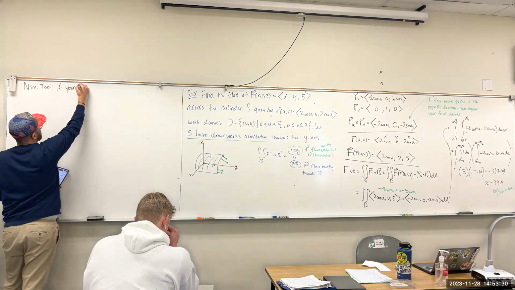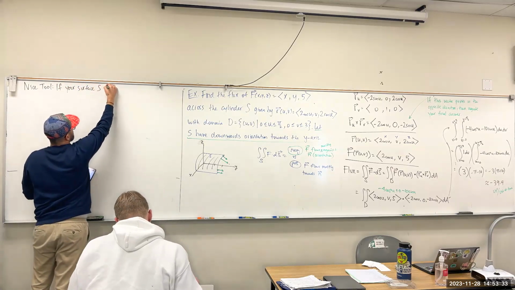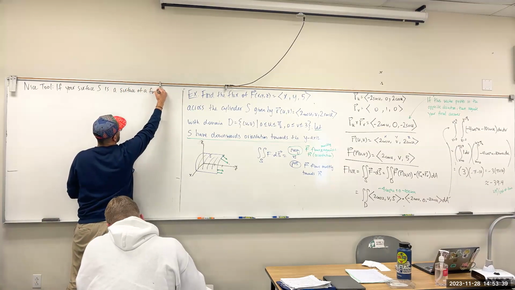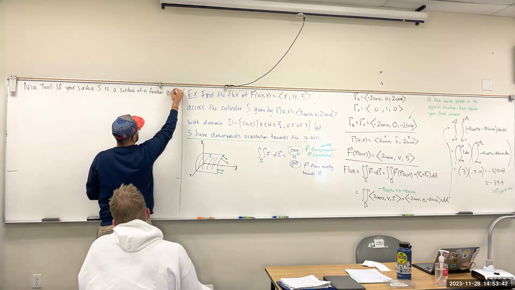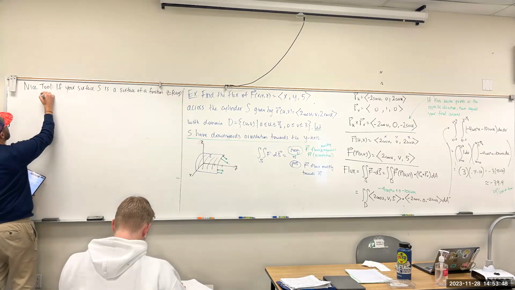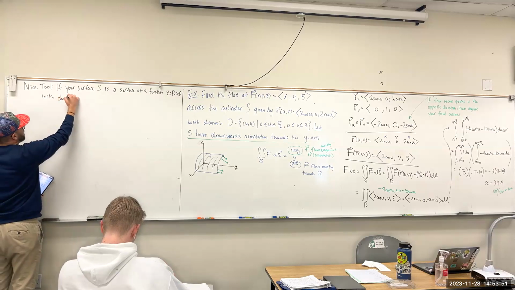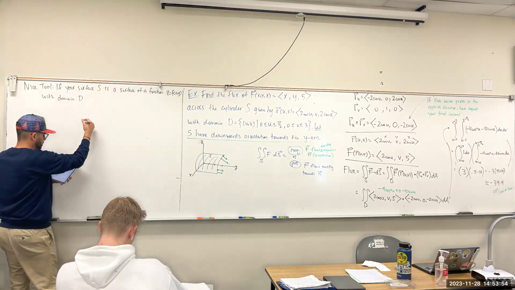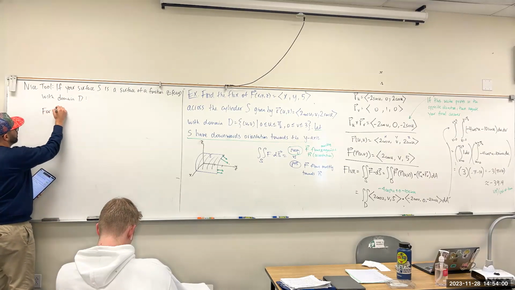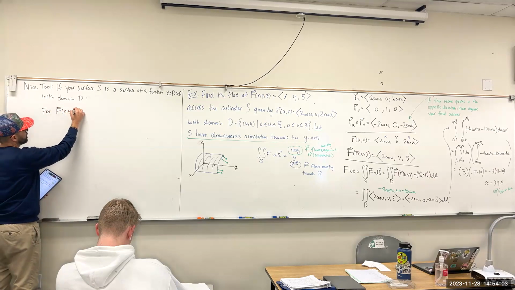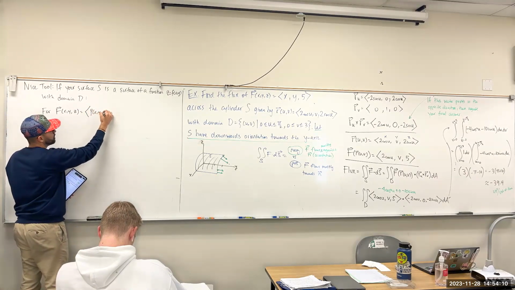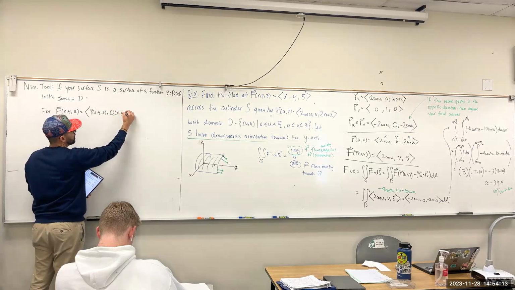If your surface S is a surface of a function z equals f of x, y, like what we did in chapter 14, with domain D, there's a nice shortcut for a vector field given by P, Q, and R.